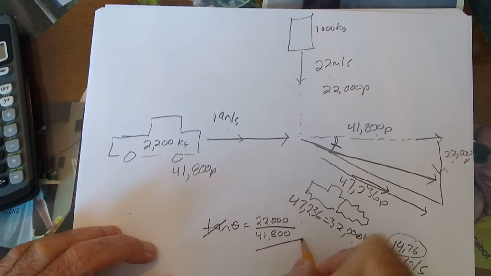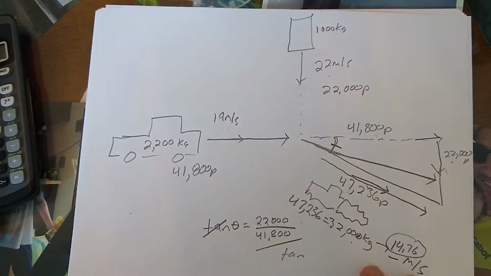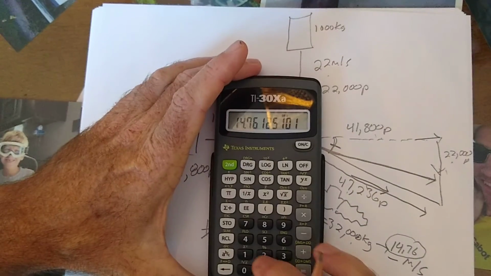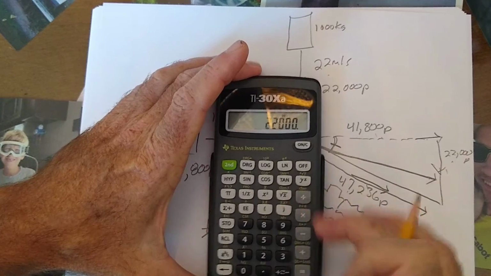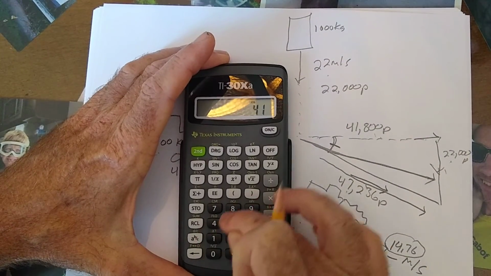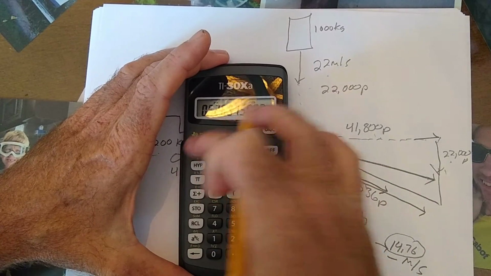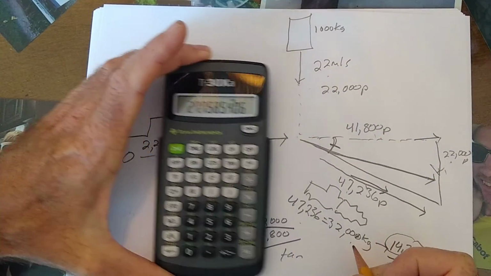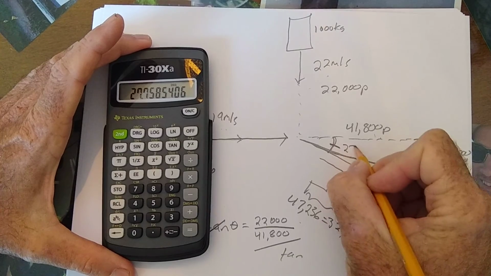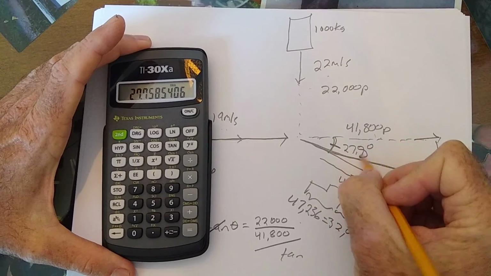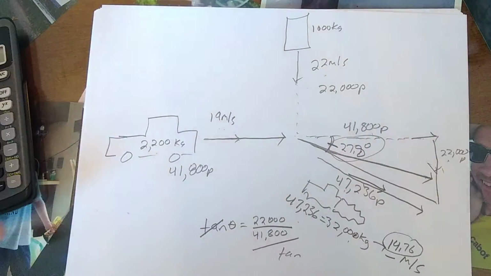And then I'll have to inverse tan that to get the answer, right? So 22,000 divided by 41,800 equals, inverse tangent, 27.7 degrees, or actually 27.8 degrees. All right, I hope this helps.